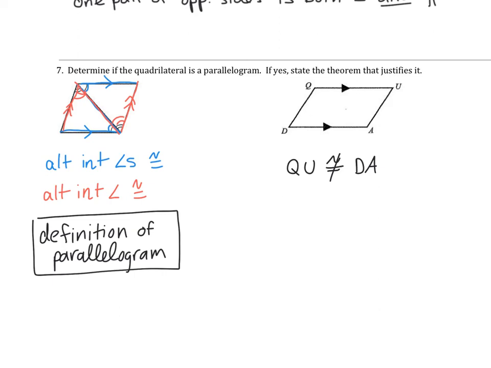And then we also don't know that DQ is parallel to UA. So in this case, there is not enough information for us to determine that it is a parallelogram. So we'll say no. Okay, so remember, we either need two pairs of parallel lines, or these need to be both parallel and congruent.